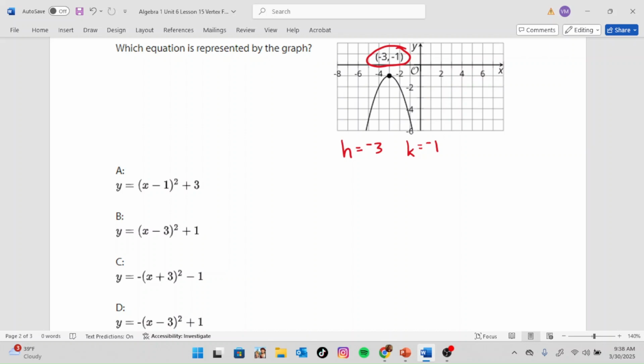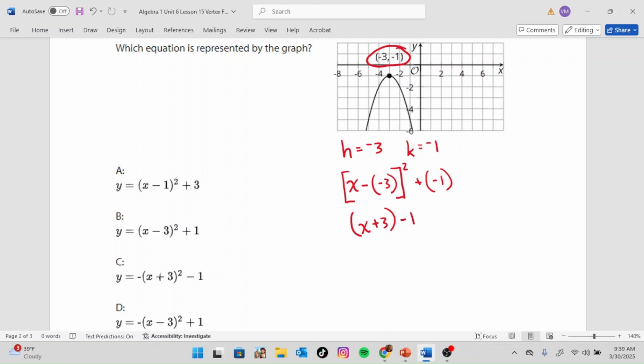So if I were to just worry about that part, I have x minus negative 3 squared plus negative 1. So now we can write this as minus a negative becomes x plus 3, and plus a negative becomes minus 1.